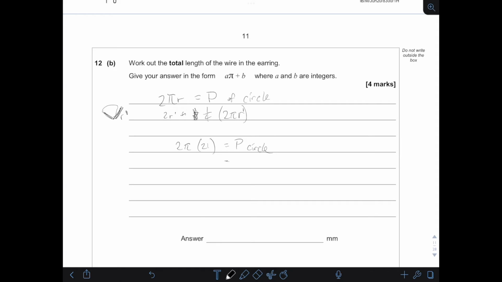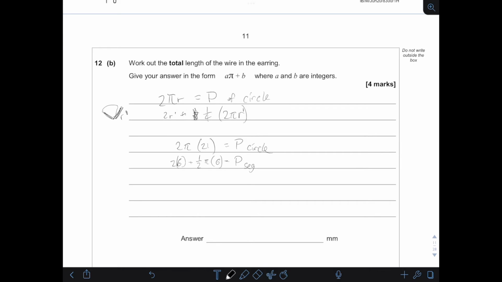We know that the perimeter of the segment is 2r prime, which is 2 times 6, plus 1/4 times 2 is a half, pi times r prime, which is 6.